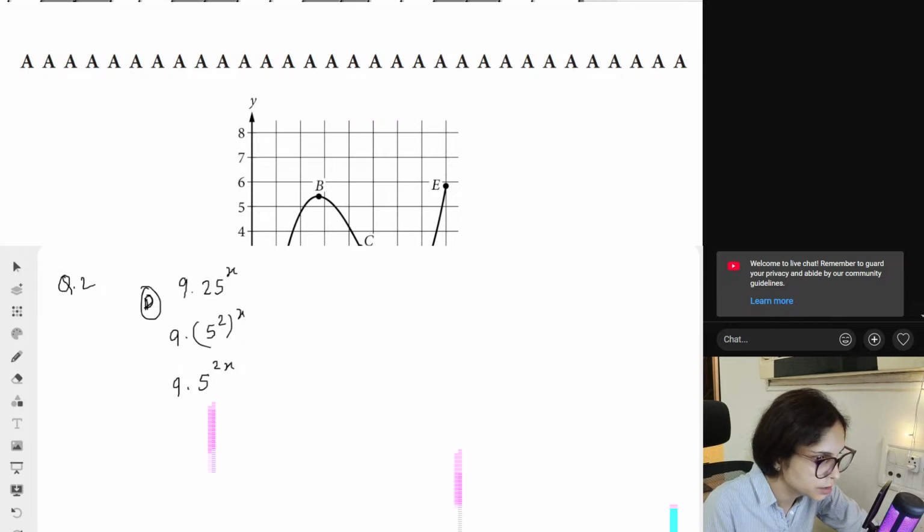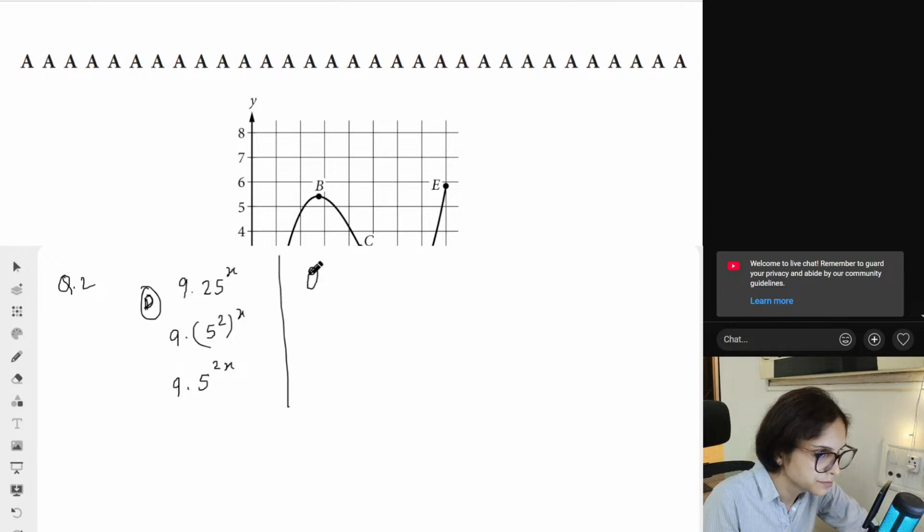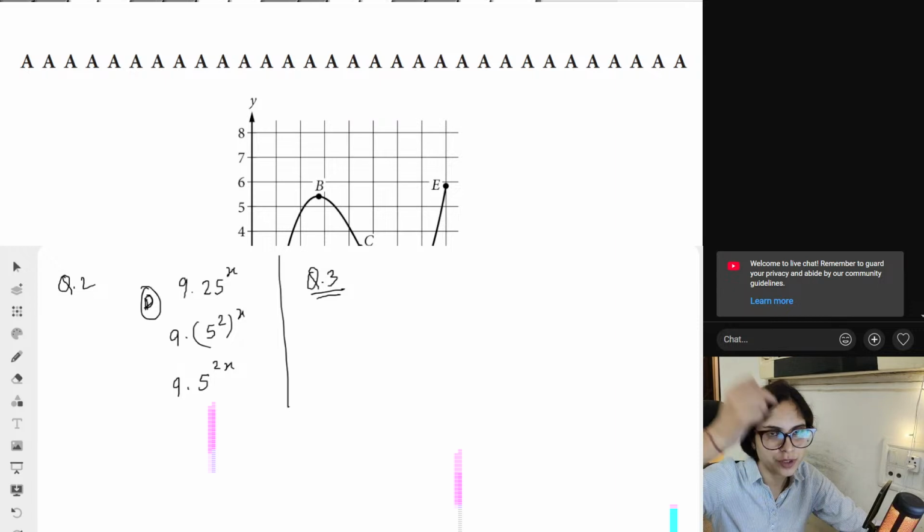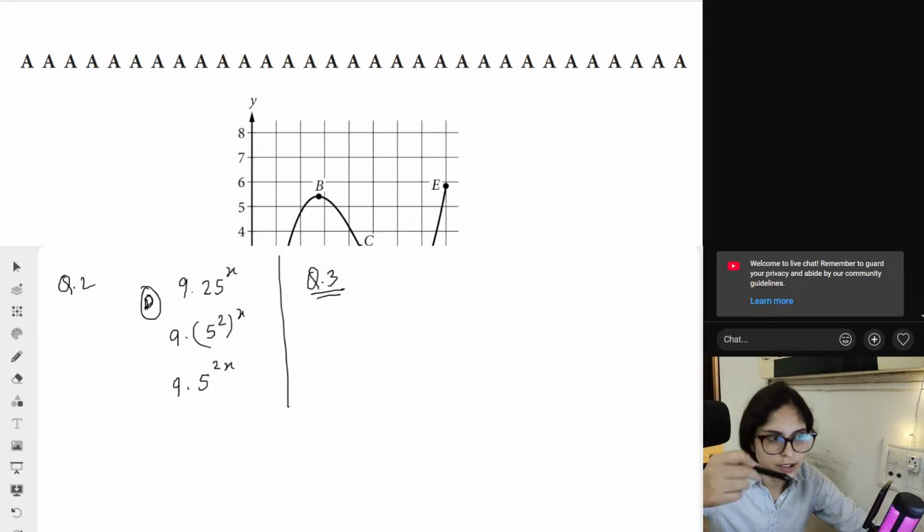Just give me a second. I'm thinking of doing something, but will I be able to do it? Okay. So now question number 3. So in this graph, you can see from A to B, it is increasing and it is concave down.